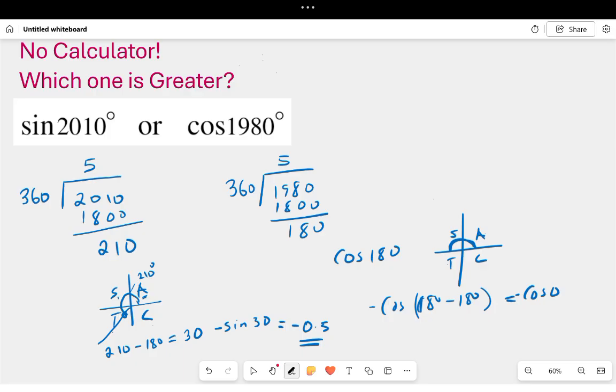The negative cosine 0 is going to be negative 1.